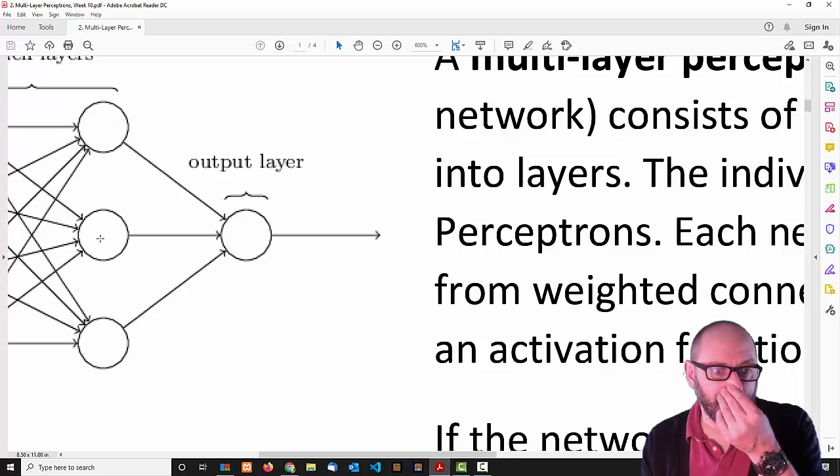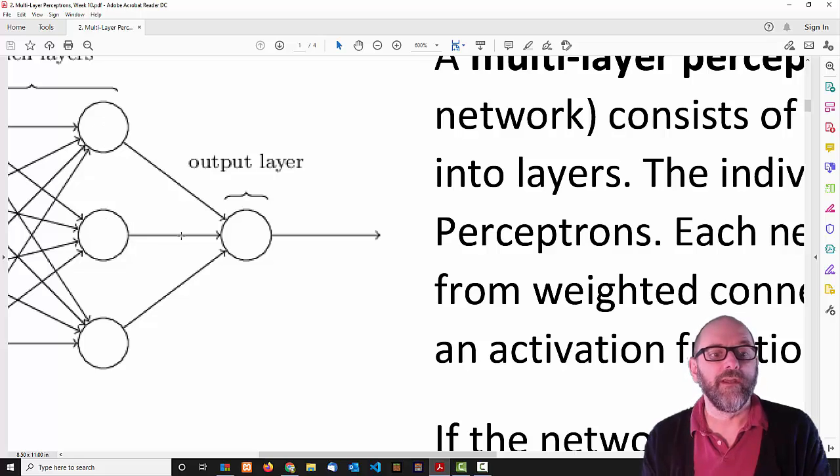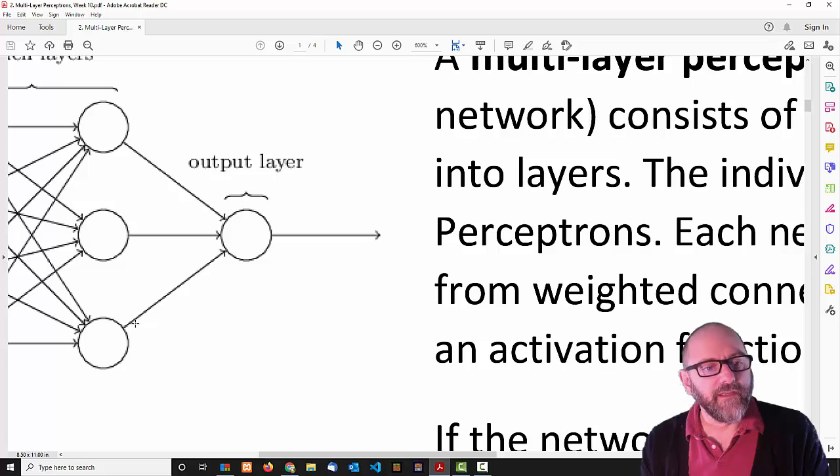This one was giving less activation, so it's less responsible, and so on. We can easily see whose fault the error was, and then tune the weights accordingly. Remember, we do it by multiplying the learning rate times the input, and so if the input was high, it changes the weight quite a lot. If the input was low, it changes it not very much. If it was 0, it changes it not at all.